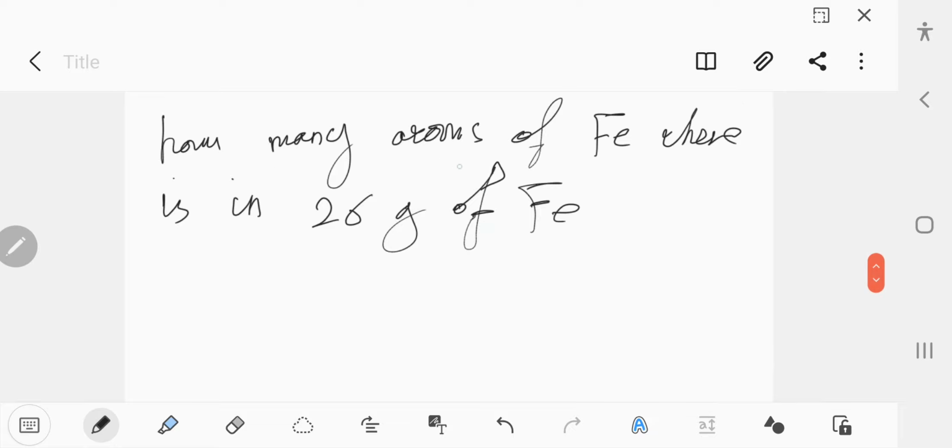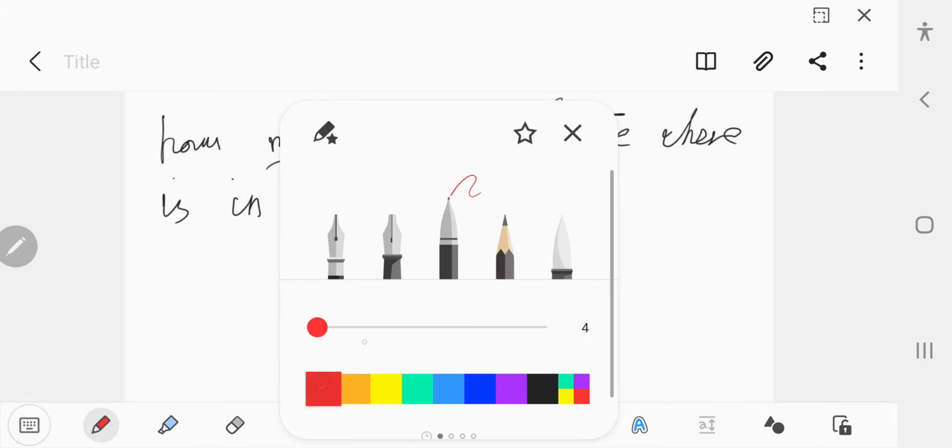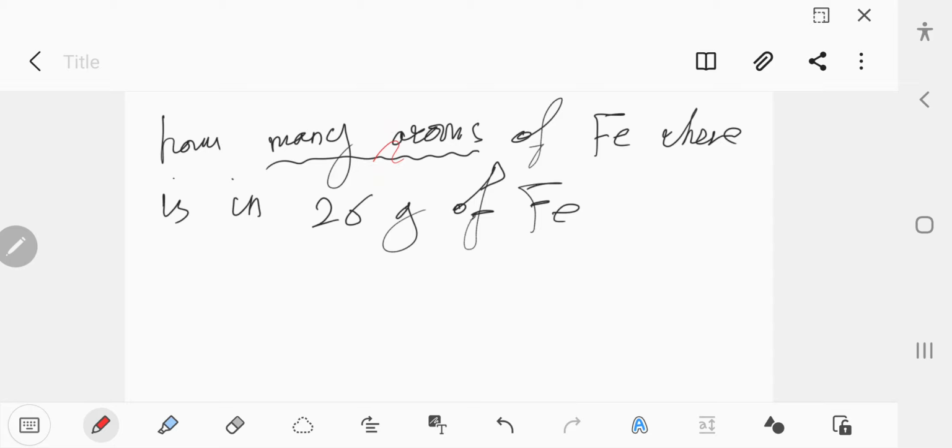The question asks about how many atoms. That means that here we have to use Avogadro's number. And the given is mass. That means that we have to use molar mass.